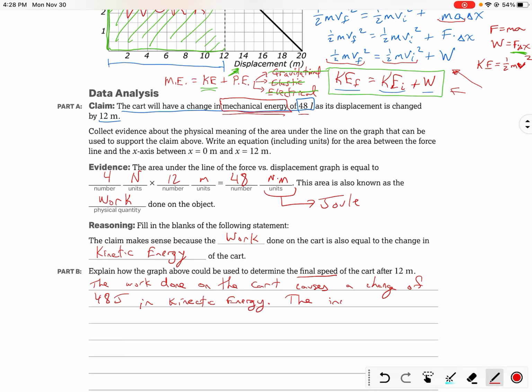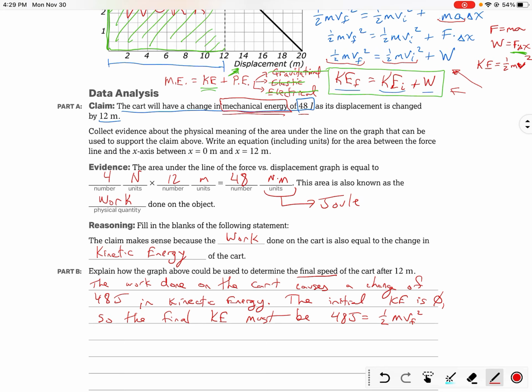The initial kinetic energy is 0, so the final KE must be 48 joules, and that would be equal to 1/2 mass times the final velocity squared.